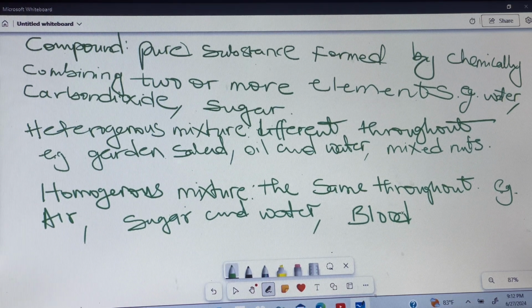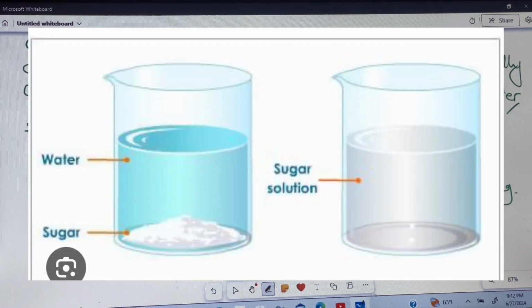Everything is the same throughout. When sugar and water are mixed, you won't know that something is mixed there. It looks the same because sugar dissolves in water. When you drink it, it will be sweet, just the way it is. So it's the same throughout.